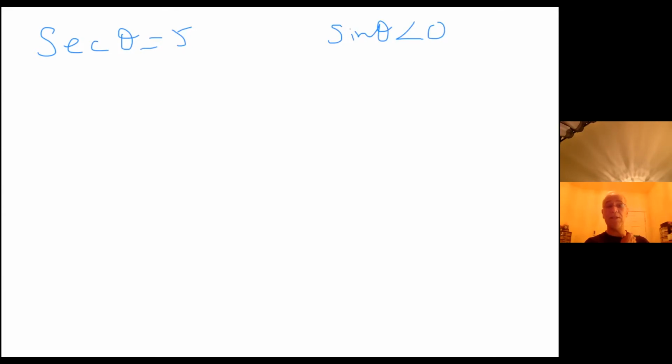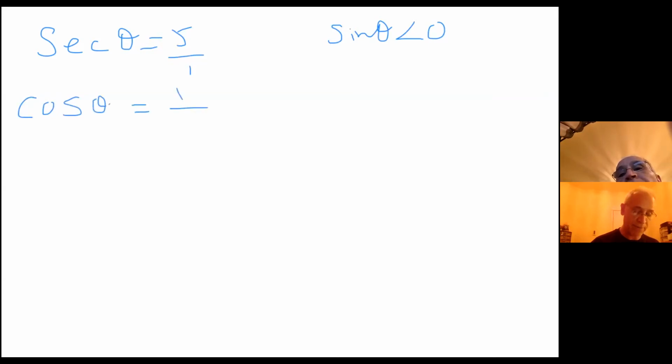You know that secant is 1 over cosine. So if secant of theta is 5, which is 5 over 1, then cosine of theta is 1 over 5. Okay. And since cosine is positive and sine is negative, again, we are in quadrant 4.